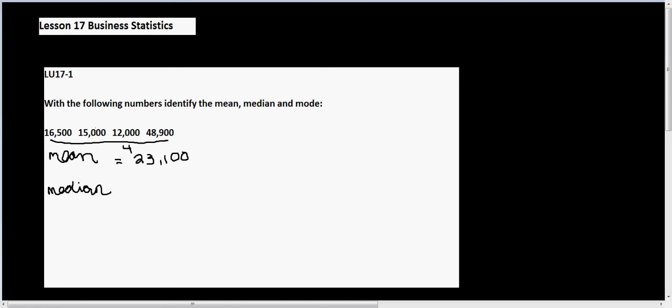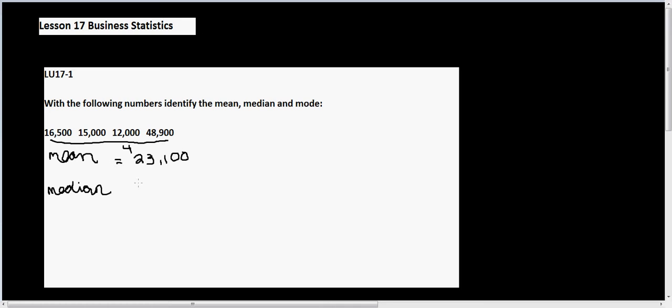That's followed by 15,000, then 16,500, and the highest is 48,900. So if I was to write this all down again, first, second, third, and fourth, you're going to see that 15,000 and 16,500 are your middle two numbers.